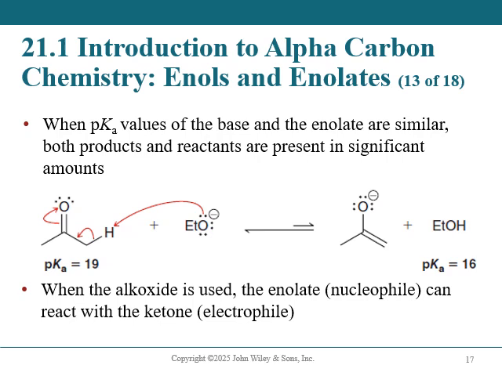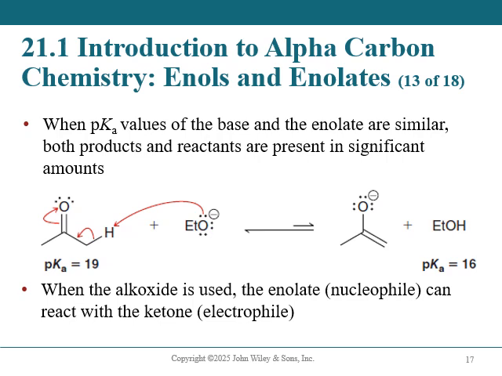We have here an example of two pKa values. Here, for instance, we have a 19, here we have a 16. The numbers seem kind of close, but keep in mind that this is a logarithmic scale, so a difference of 3 means that you have a factor of 1,000, 3 orders of magnitude. So that's fairly large. So the equilibrium will tend to favor the side with the highest pKa value.